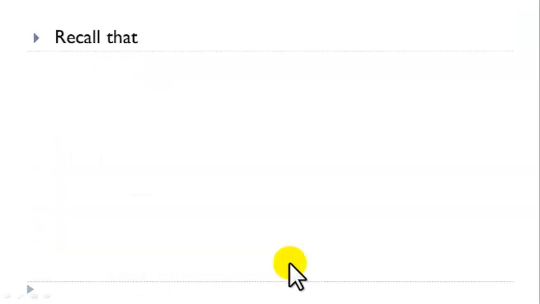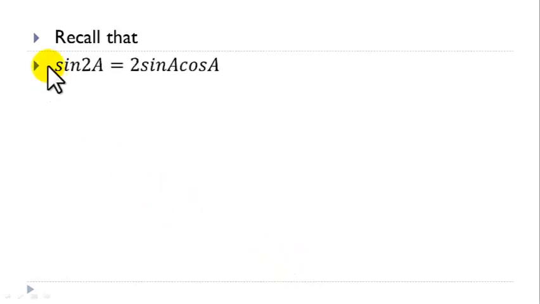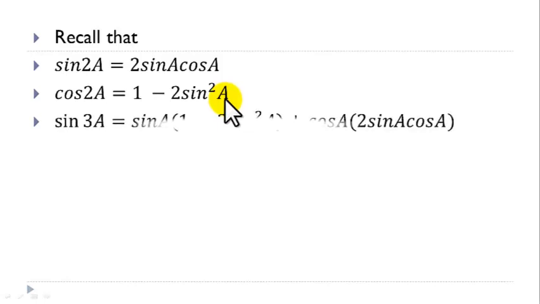Let us also recall that sin 2a is equal to 2 sin a cos a, and cos 2a is equal to 1 minus 2 sin squared a. Then sin 3a is equal to sin a times (1 minus 2 sin squared a) plus cos a times 2 sin a cos a.